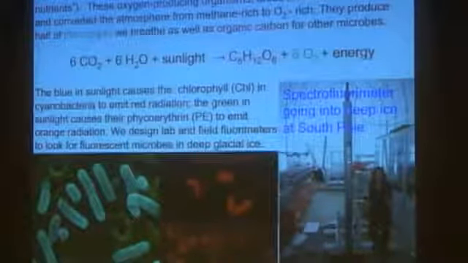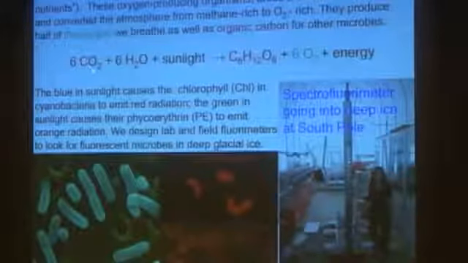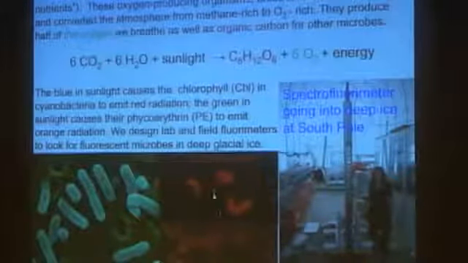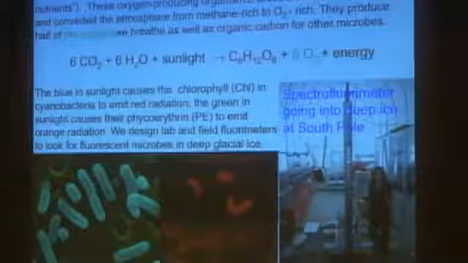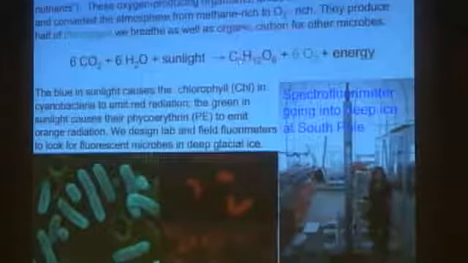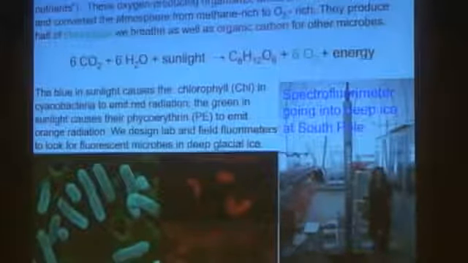oxygen-producing organisms evolved. So the simplest equation for how we get oxygen from these critters is CO2 from the atmosphere plus water plus energy from the sun goes to some carbon compound, which is of great benefit to most of the other microbes that are found in the ocean.